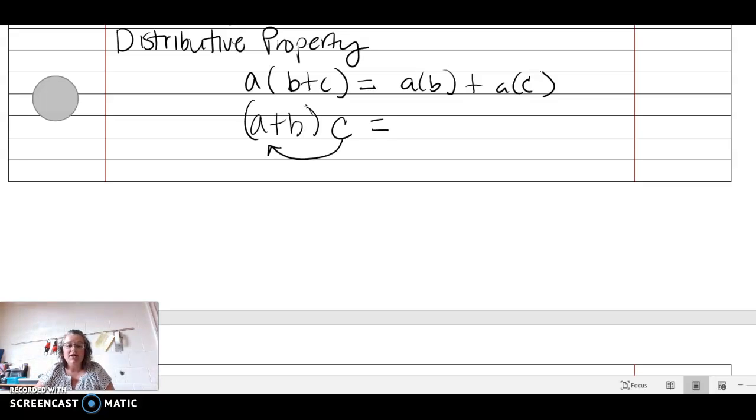So you can do c times a and then c times b. So I get a times c plus b times c. You get the same thing.